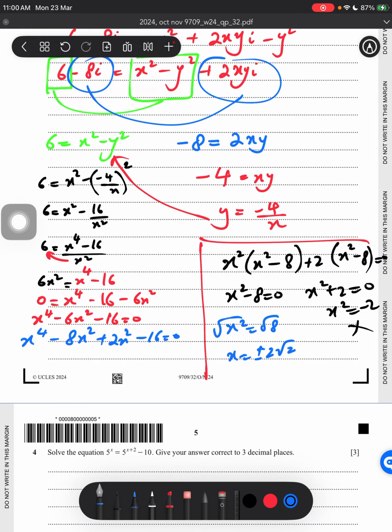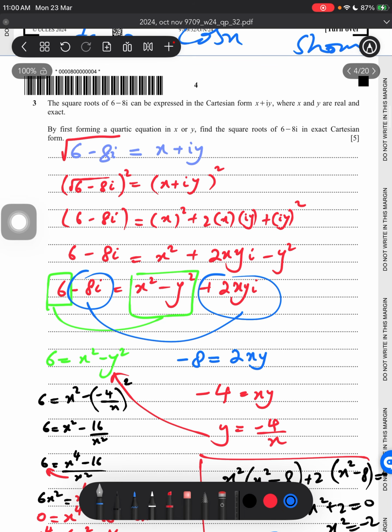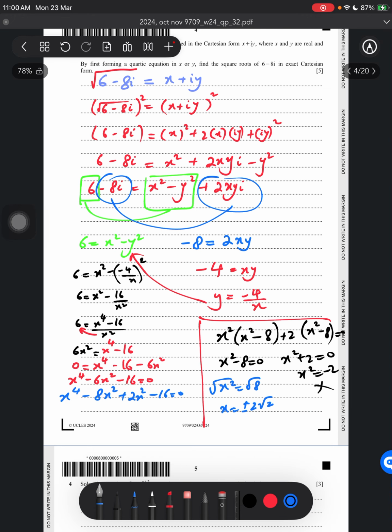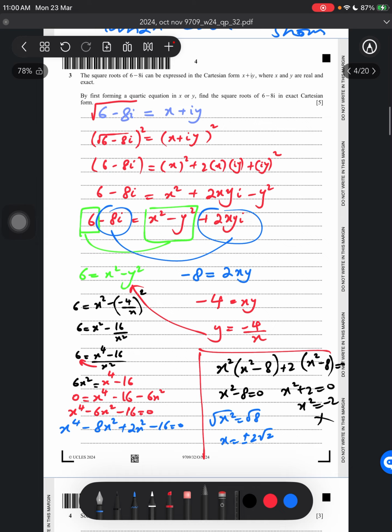So the question is still not solved because they're asking us to get the Cartesian form. Cartesian means that we need to have x and y, or we can say that the real number and the complex number. So let me just make some space over here.